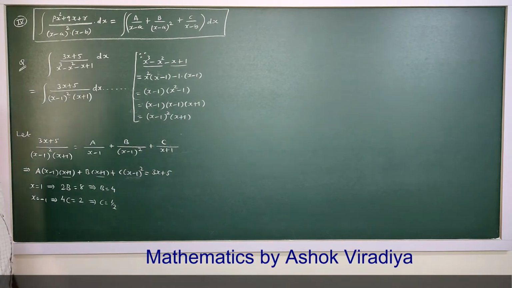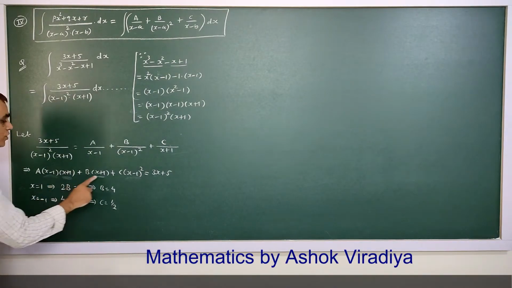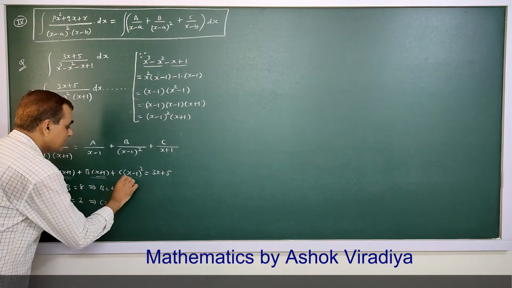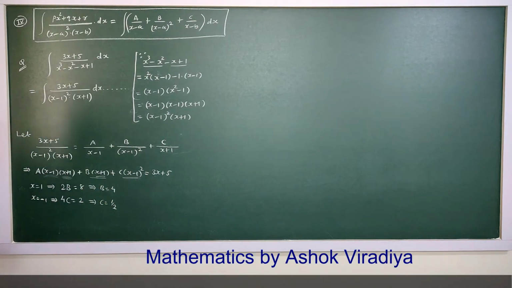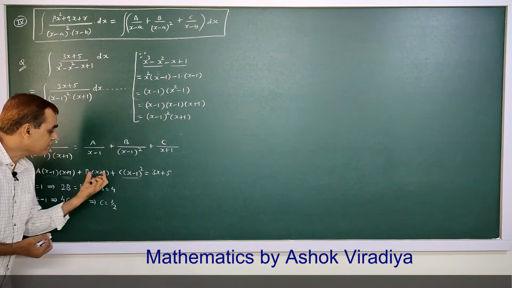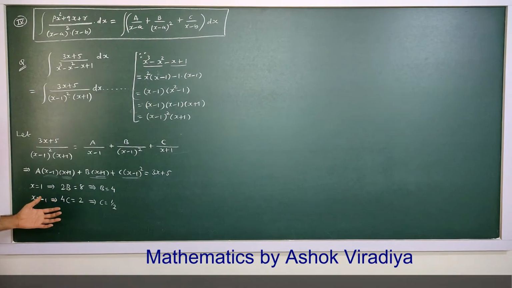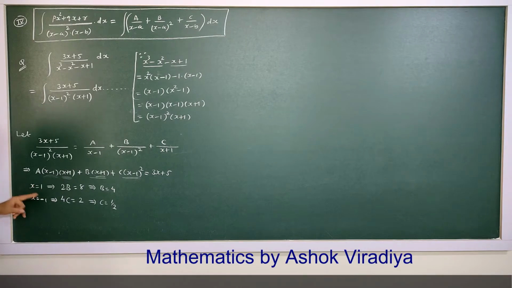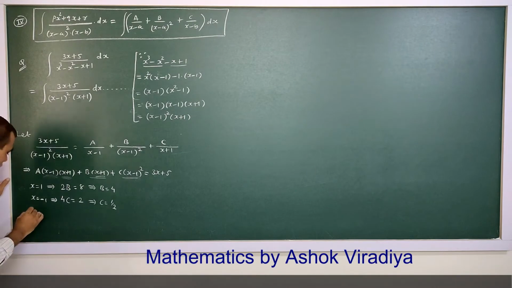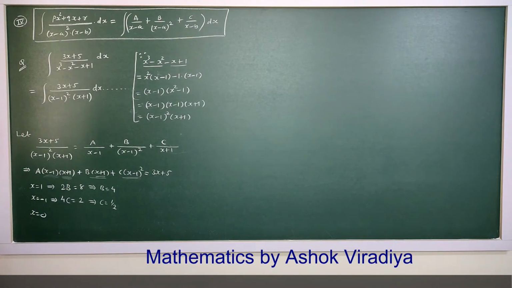Now we want A. Observe here, this term and this term, nothing is common. We don't have any value of x for which both become 0. So take any value of x other than these two. We have taken 1 and minus 1, so the easiest is 0. You can take 0, you can take 2, you can take any one. Suppose I am taking 0.